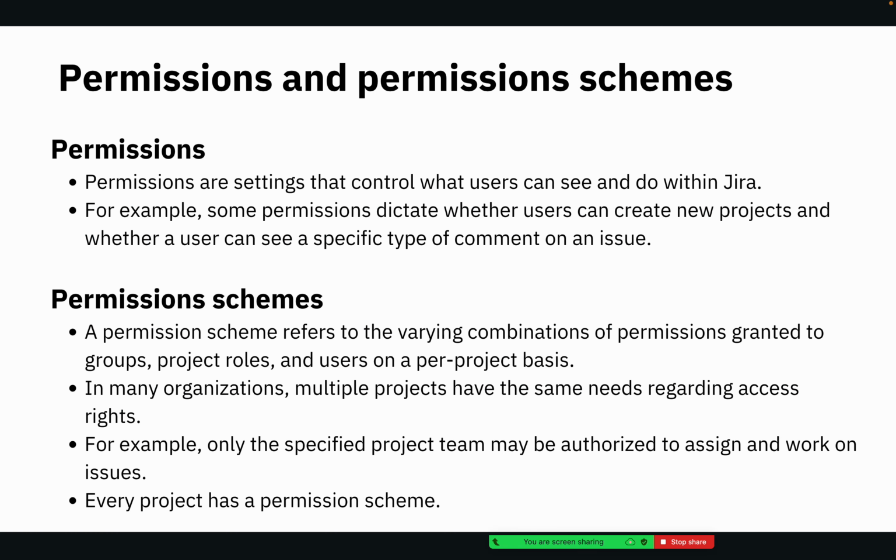So permissions are in permission schemes. Permissions are settings that control what users can see and what they can do within JIRA. For example, the same permission can dictate whether users can create new projects or whether a user can see a specific type of comment on an issue, right?